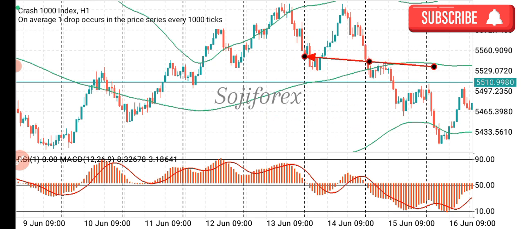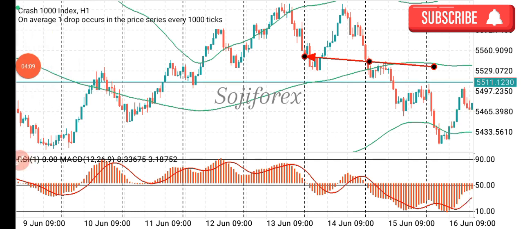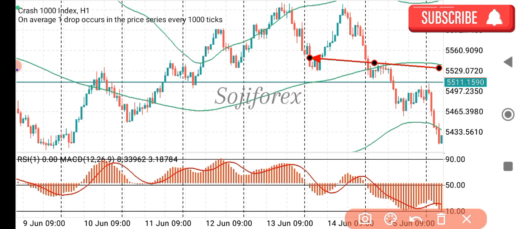Looking at this chart, Crash 1000, you will realize that price is already in an uptrend. We have our low, we have our high.